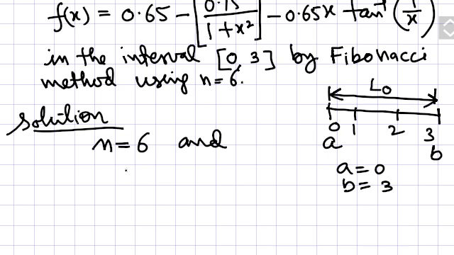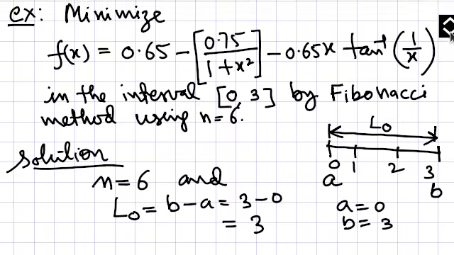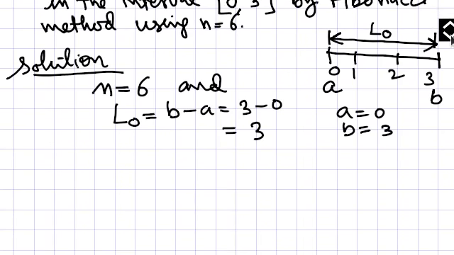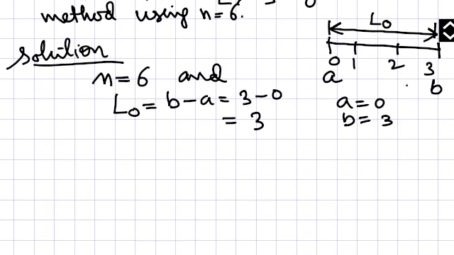The first distance that is given to you is L naught, and in our case it is 3. So it is very important to understand and use this notation, because in the formula you will use this kind of thing. After that, what is our strategy?